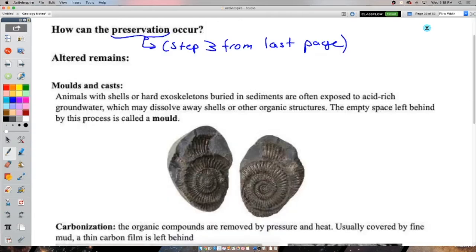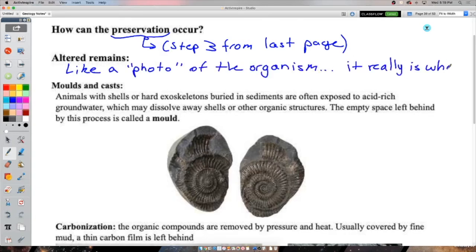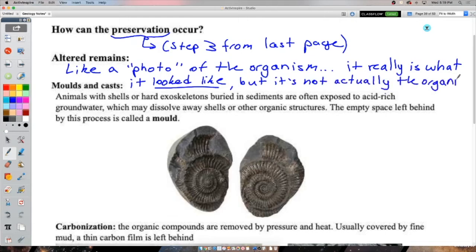This truly is the shape of an ammonite. However, if you touch this, you're not touching the actual shell of an ammonite. So altered remains are like a photo. It really is what the organism looked like, but it's not actually the organism.